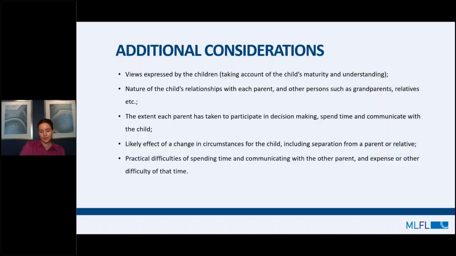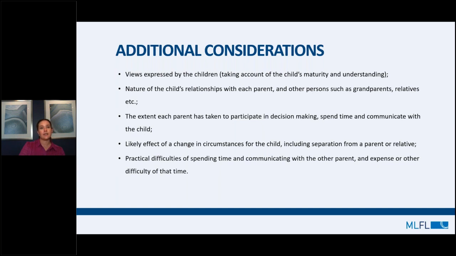As I mentioned, there are additional considerations and they are set out in section 60CC of the Act. Some of those include the views expressed by the child or the children, taking into account the child's maturity and understanding. Secondly, the nature of the child's relationship with each of their parents and any other extended family.